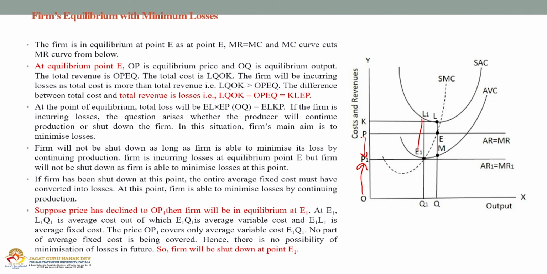At this price, that is OP1, it covers only average variable cost, that is E1Q1. No part of average fixed cost is being covered. Hence, there is no possibility of minimization of losses in future. So, the firm will shut down at point E1. This point E1 will be known as the shutdown point for the firm.